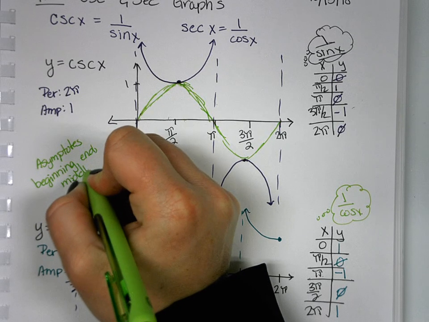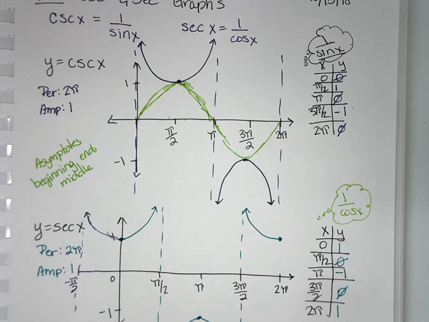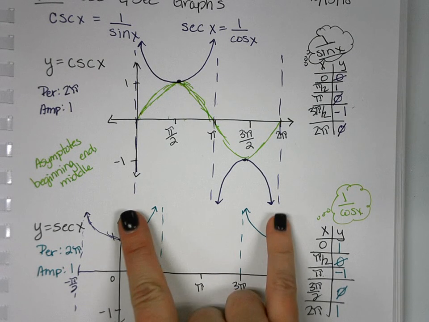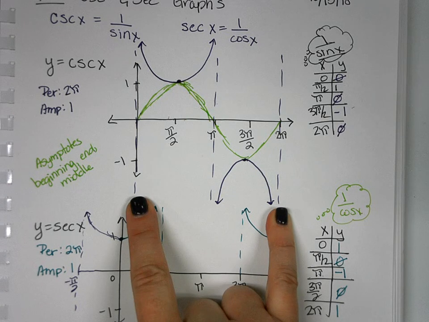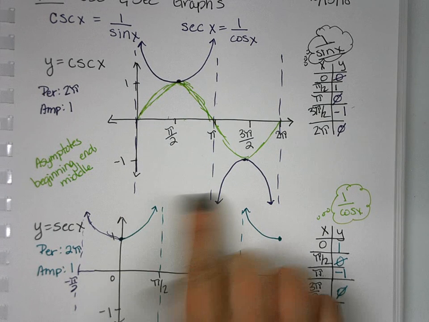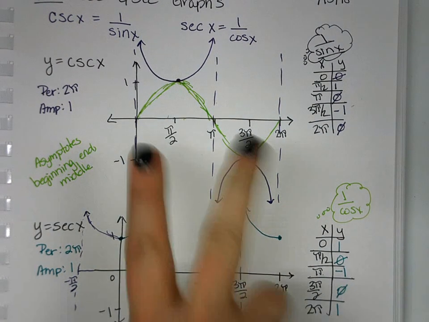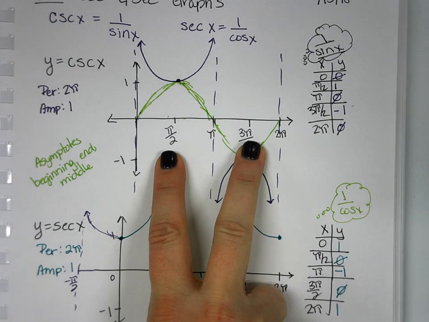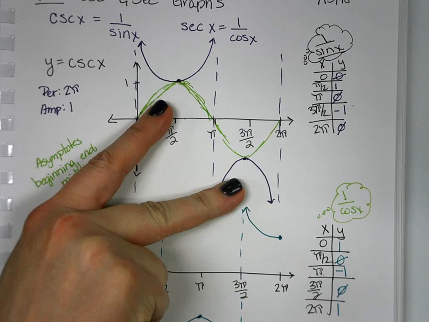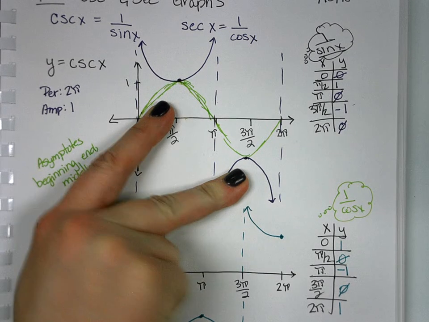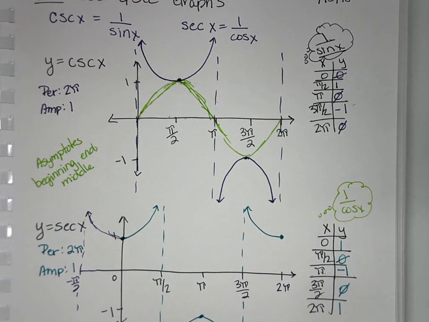So when you're doing your cosecant graphs and you're using patterns like we did for sine and cosine, your asymptotes are going to be at the start of your period, the end of your period, and right in the middle. And then these 2 points here are going to be your top and bottom for your curves themselves.